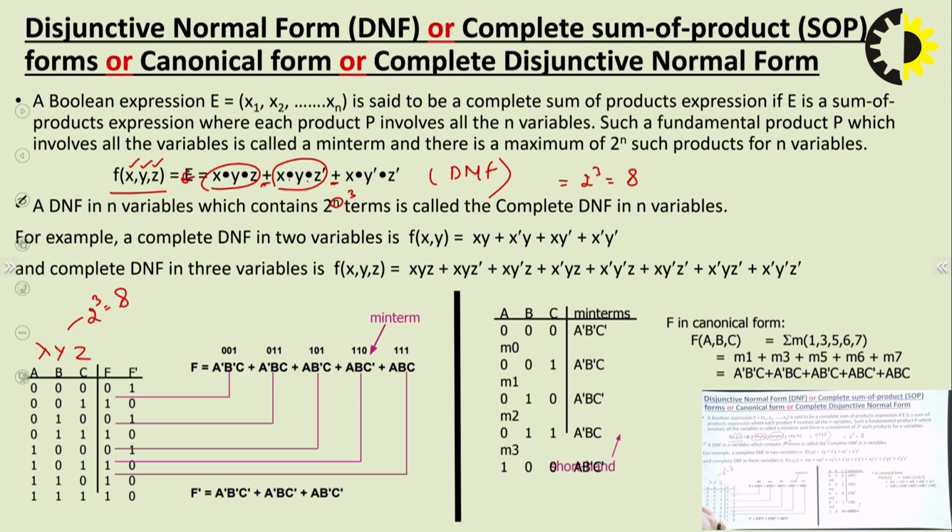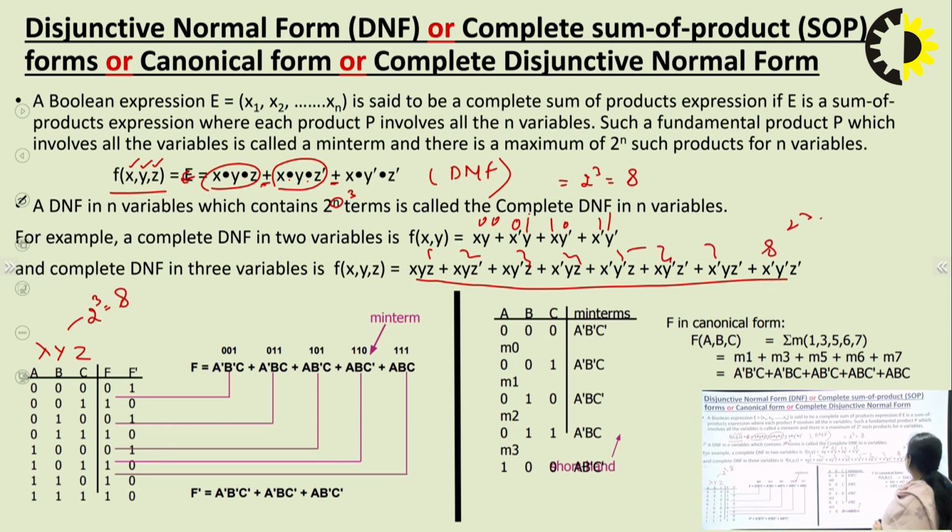And the complete disjunctive normal form for two variables could be 00, 01, 10, 11. We can write it as x y, x dash y, x y dash, x dash y dash. And in complete DNF in three variables, this is the whole term. You can count it: 1, 2, 3, 4, 5, 6, 7 and 8.